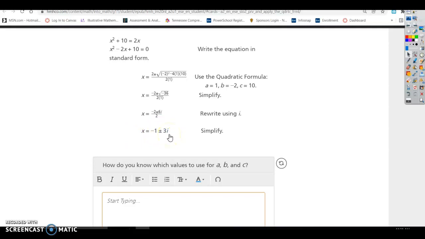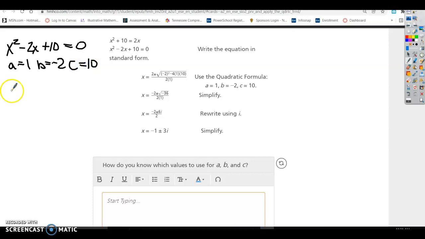So let's see if we can get the same answer here. So let's look. So we got x squared minus 2x plus 10 equals 0. We've got a equals 1, b equals -2, and c equals 10. So I know the quadratic formula. We just derived that.